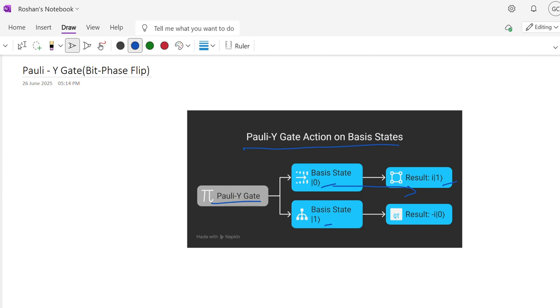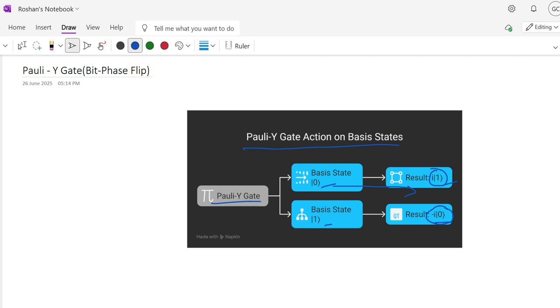Why does it represent i|1> state? If you remember, it is flipping the phase. That means it flips the phase of the bit, and the 1 state is becoming 0. Correct? But you will be wondering how i has come as the output.